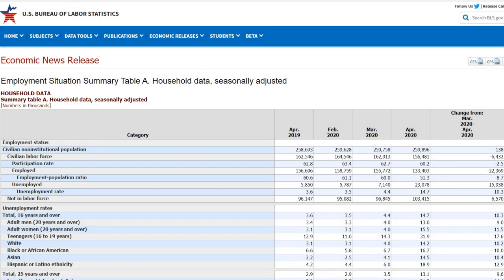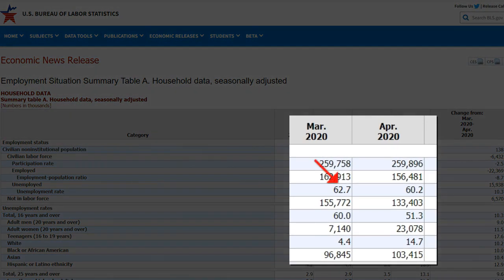You might have heard a lot of people covering the labor force participation rate last month and noting that it fell from 62.7 to 60.2, which was indeed a big drop, but if we look at the employment population ratio, that actually fell from 60 to 51.3, so a much larger drop.